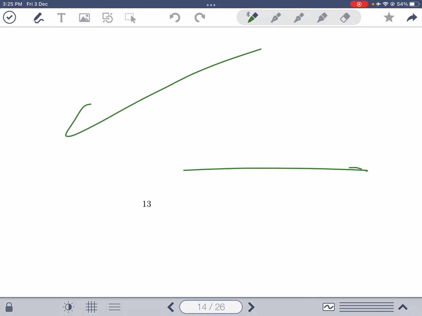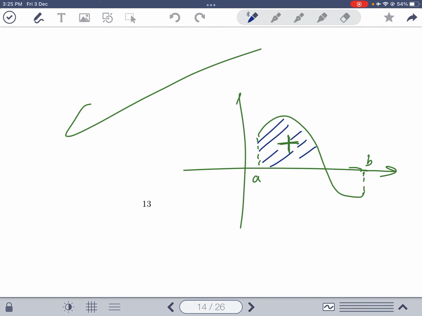Remember, whenever you take the integral of something, let's say between the point A and the point B, it will give a plus to the stuff that's above the x-axis, and it will give a minus to the stuff below the x-axis, computing the area, of course, but with a minus.